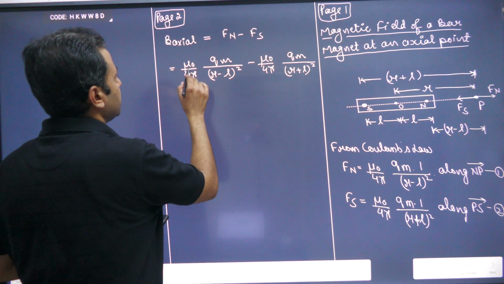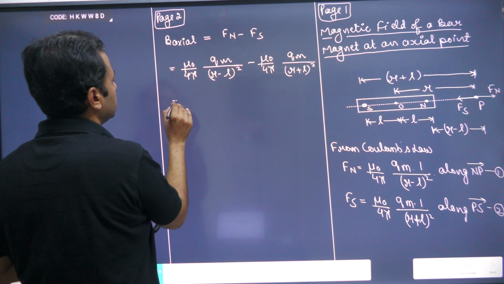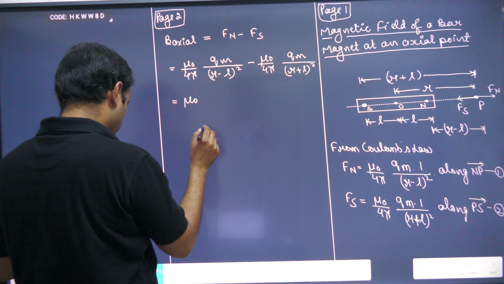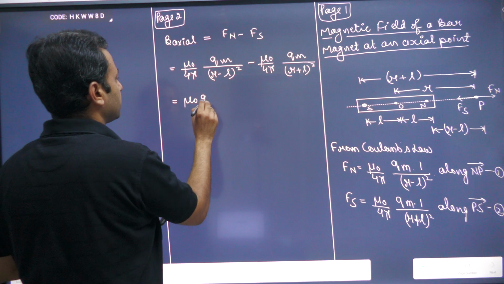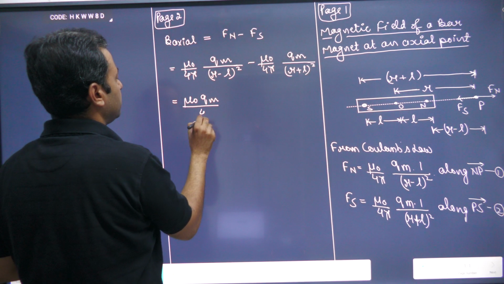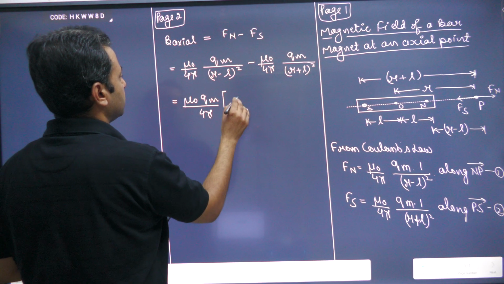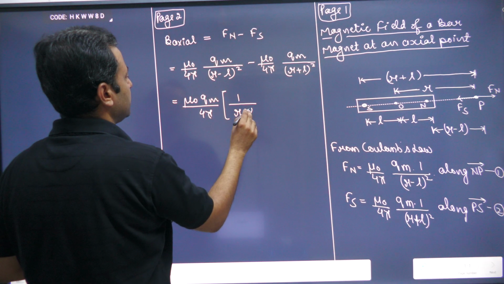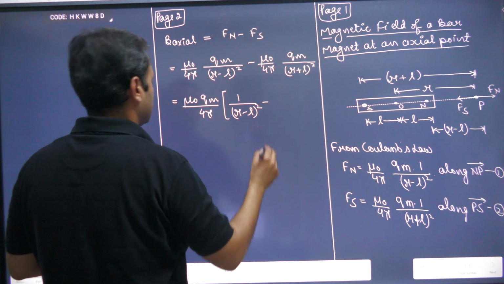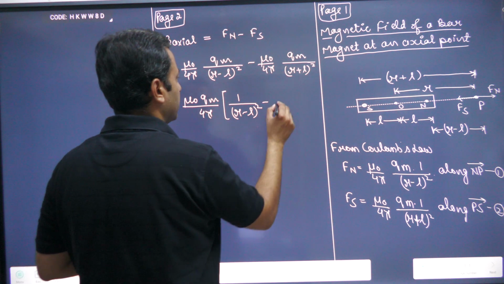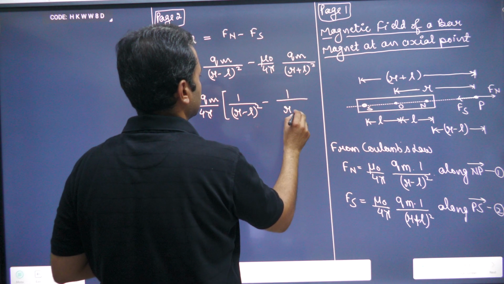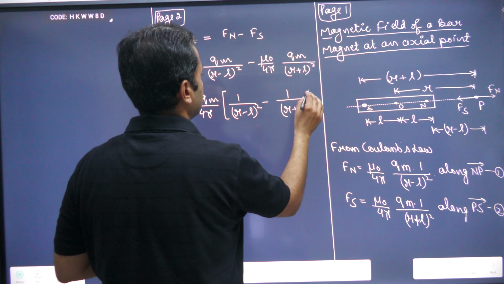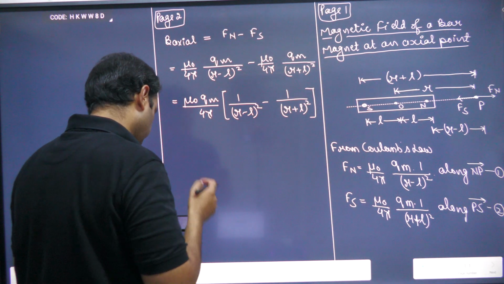Okay, so we can take this Qm common: mu naught Qm upon 4 pi, so this is 1 upon (R minus L) whole square minus 1 upon (R plus L) whole square.